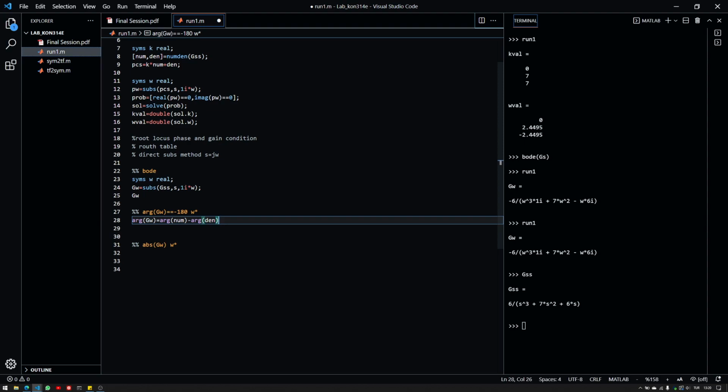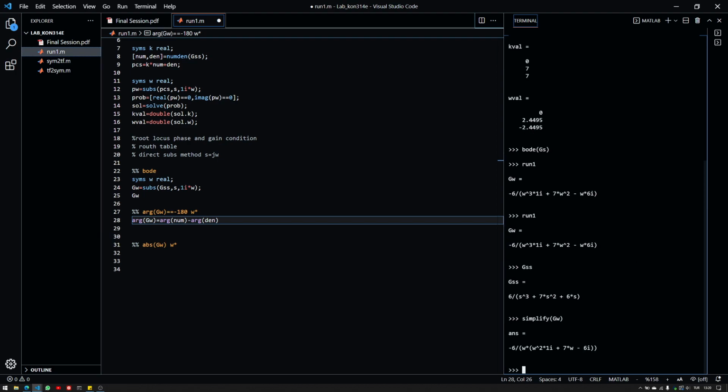In this case it looks negative, but I can use this negative in here. This should be basically positive. So maybe simplify can help us out, I'm not sure. Yeah, it does not help, but it would also work like this. Let's try that one out.